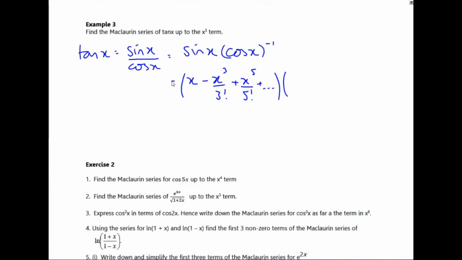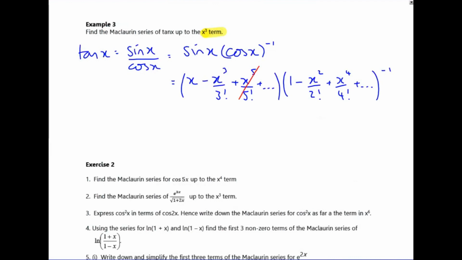And the standard formula for cos x is 1 minus x squared over 2 factorial plus x to the 4 over 4 factorial plus. Now we're only looking for tan up to the x cubed term. So actually, I'm not bothered about this x to the 5 term.